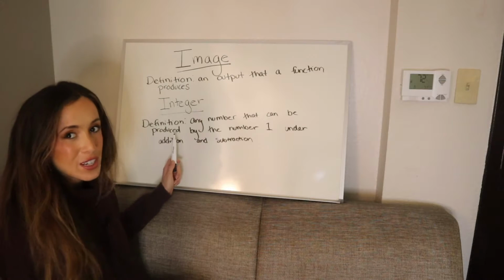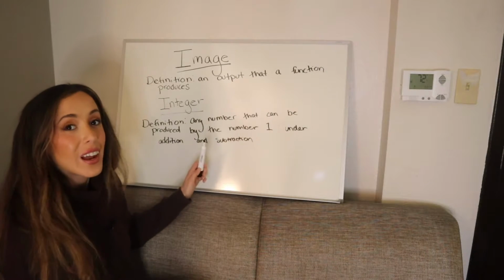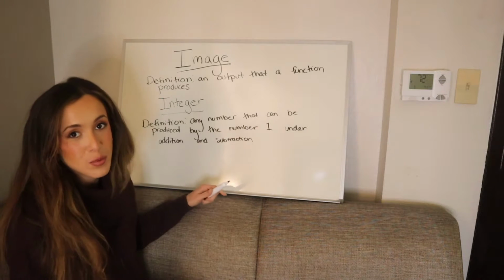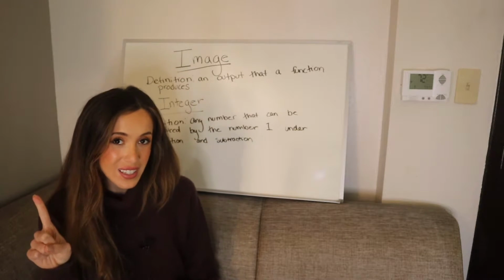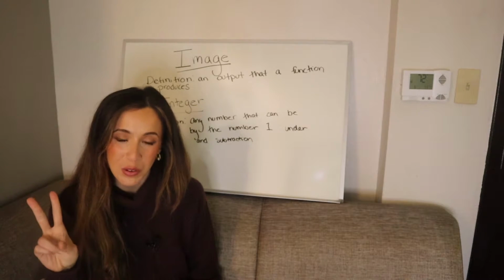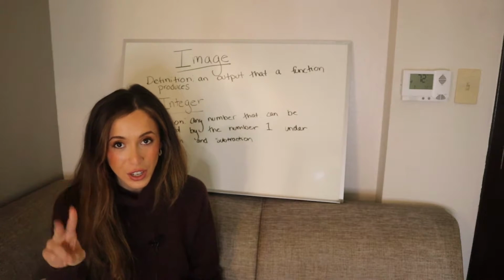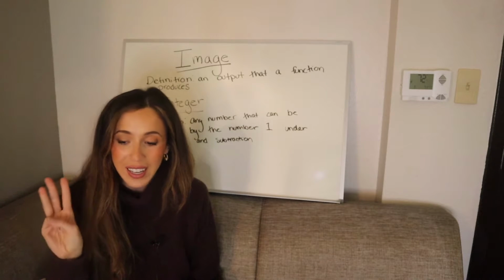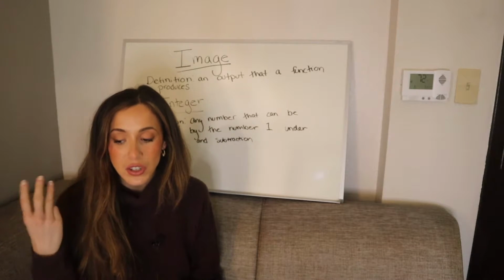Integer, definition, any number that can be produced by the number 1 under addition and subtraction. 1 is an integer. 1 plus 1 equals 2. 2 is an integer. 2 plus 1 equals 3. 3 is an integer, and so on.